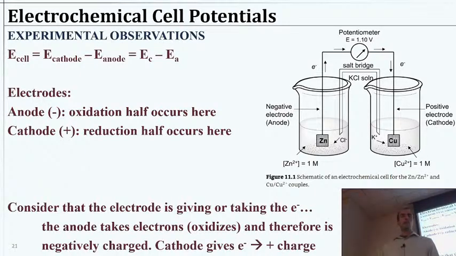Now they are connected, but we can then measure the flow of electrons from one solution to the other, using two electrodes, a cathode and an anode, connected with a potentiometer between to observe the flow of electrons, and we use a salt bridge to allow the flow of the salts to go back and forth to accommodate for the electrons that are going in some direction. So this is an electrochemical cell. This is also a battery.